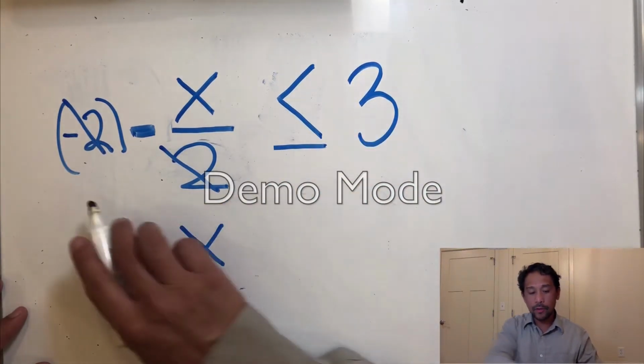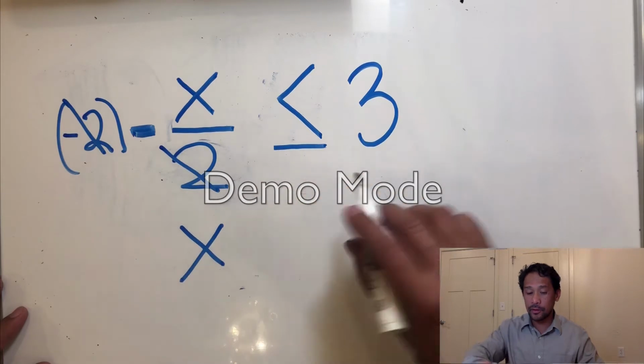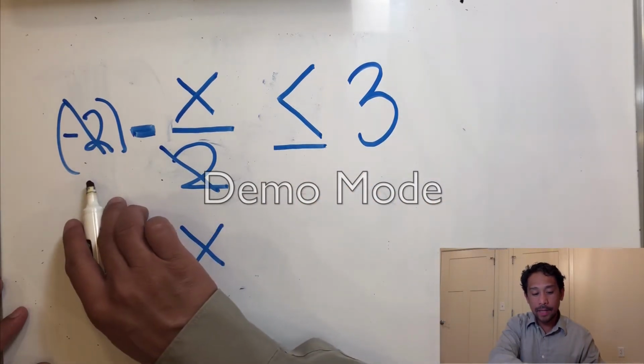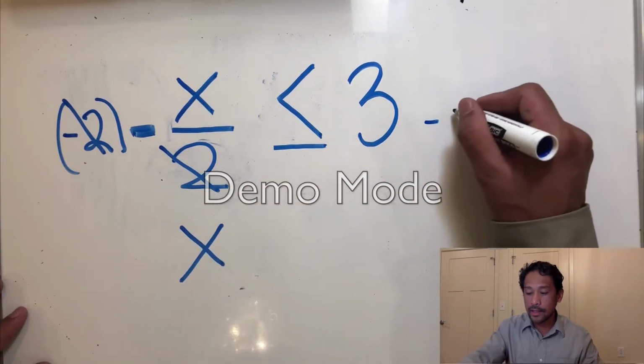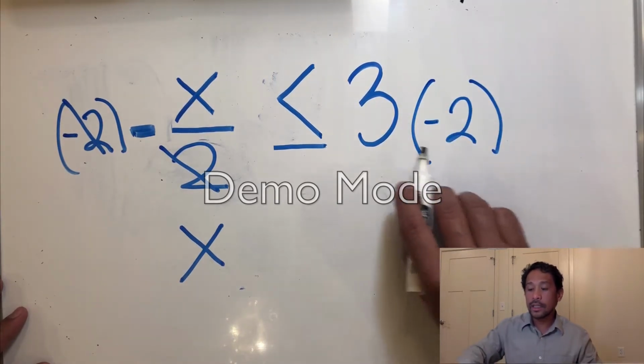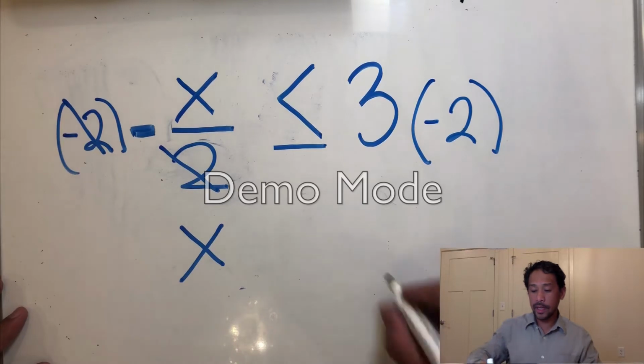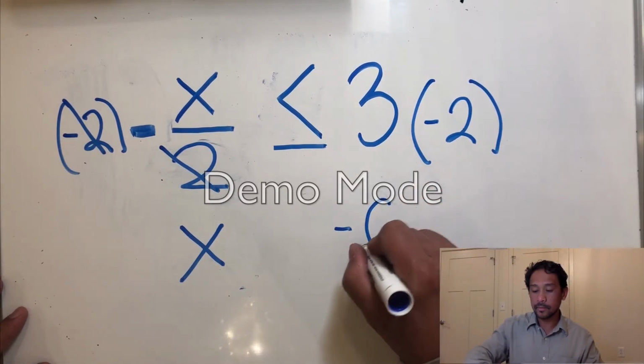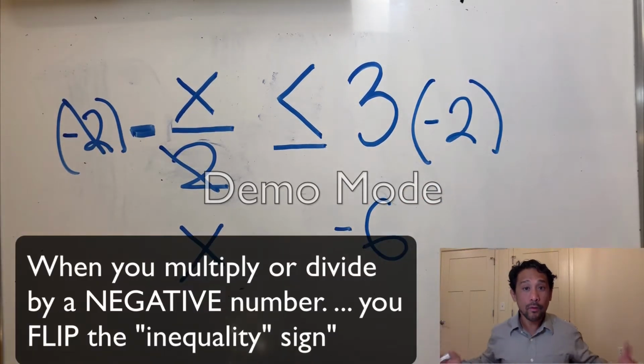And then what I do to one side of the equation, I have to do to the other side. If I multiplied by a negative 2, I have to multiply this side by a negative 2. Negative 2 times a positive 3 will give me a negative 6. And since our rule is if you divide or multiply by a negative number, you have to flip the sign.